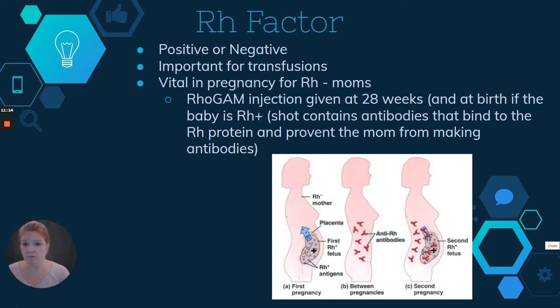So there's a shot called the RhoGAM shot, given to pregnant moms who are negative, carrying a positive fetus, at 28 weeks and also at birth. It contains antibodies that bind to that RH protein and prevent the mom from making the antibodies. Sometimes this whole cycle doesn't happen with the first pregnancy, but it will with the second pregnancy. So mom is always tested to make sure whether she needs to get the shot or not.